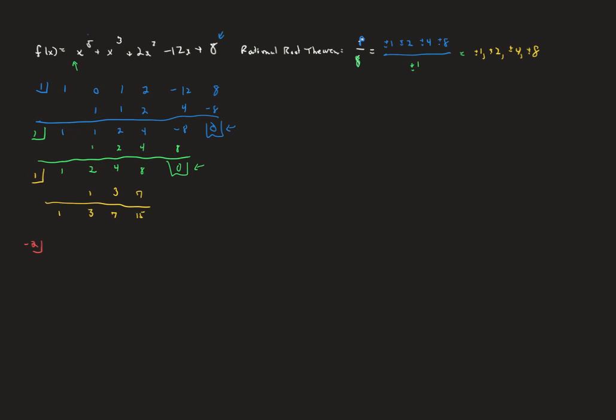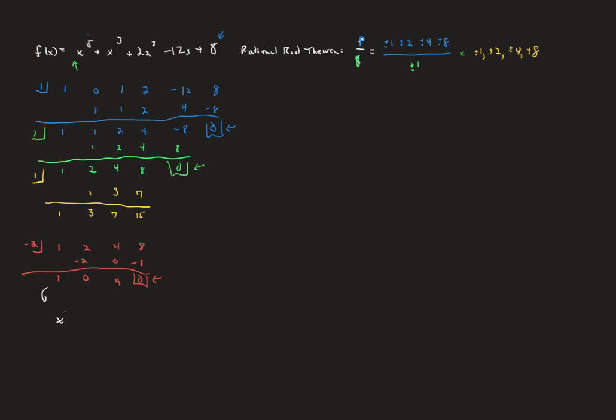I'm going to pick up these coefficients where we left off, 1, 2, 4, 8, and see if we can get this to work. So doing synthetic division, we have 1, -2, 0, 0, 4, -8, and there is a third 0 there. And now the good news is what remains is a quadratic.